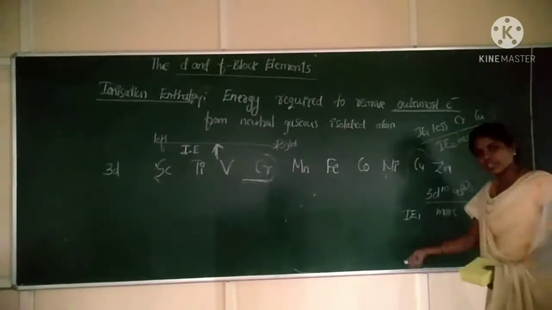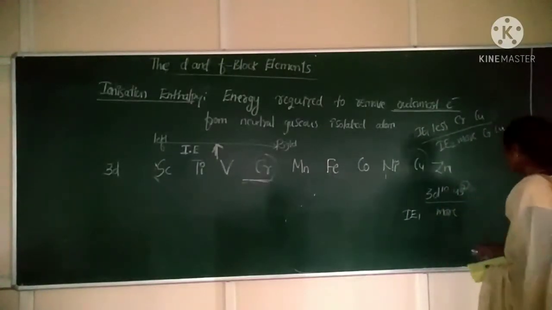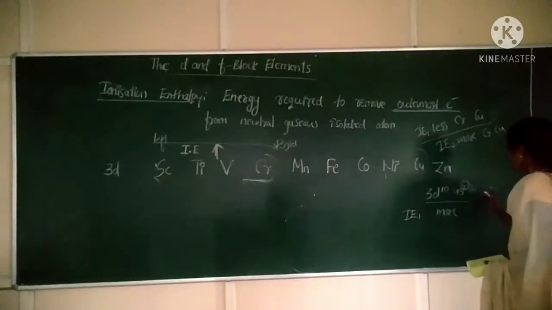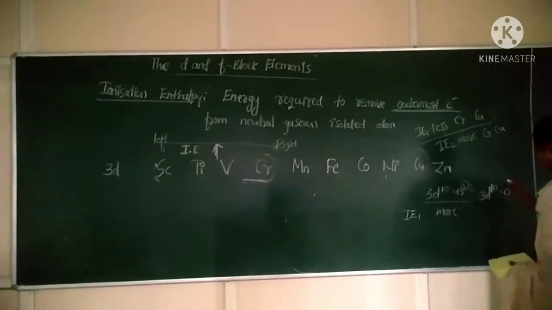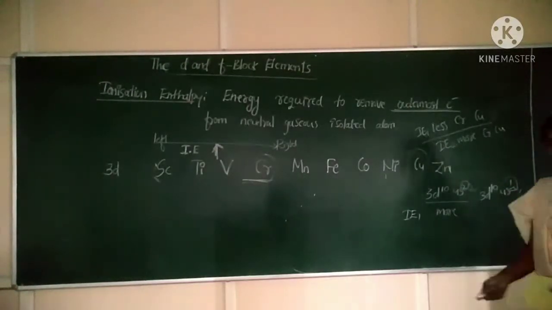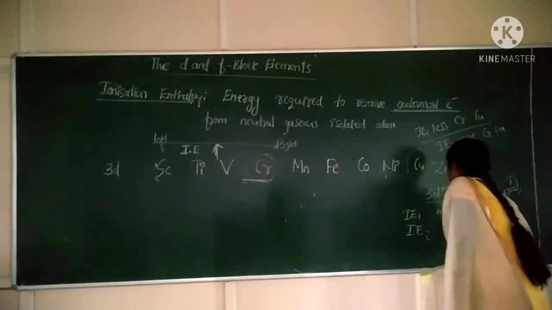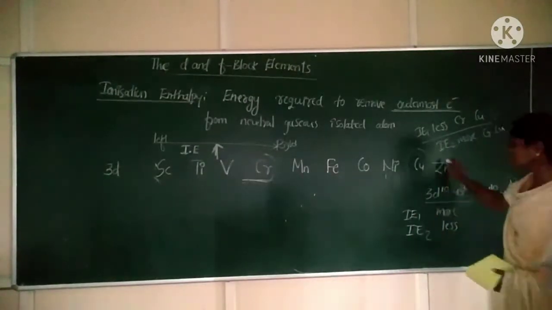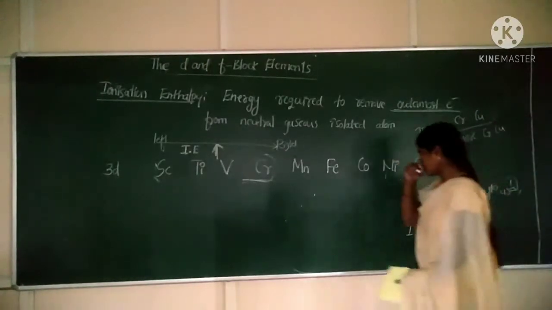Once you have removed one electron, the remaining configuration will be 3d10 4s1. Now if you want to remove the second electron, it is an unpaired electron, so it can be removed easily. So for zinc, the first ionization enthalpy will be more, whereas the second ionization enthalpy will be less.